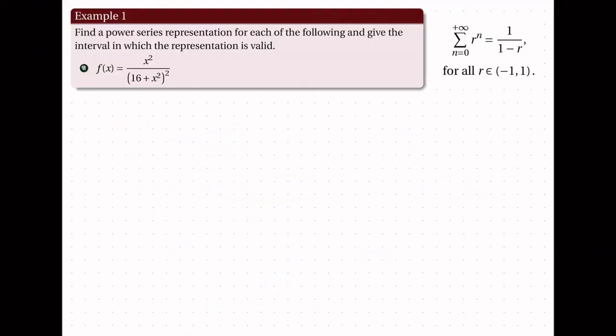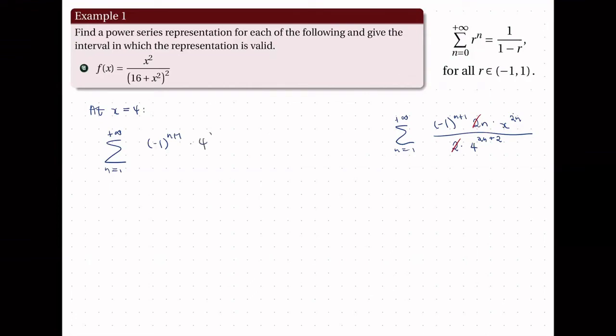At the other endpoint, so at x equals 4, okay, so the series becomes summation from n equals 1 to positive infinity of negative 1 raised to n plus 1 times 4 raised to 2n over 4 raised to 2n plus 2.